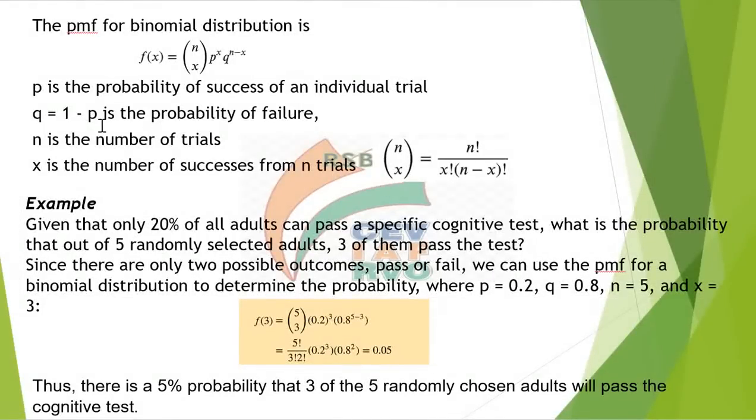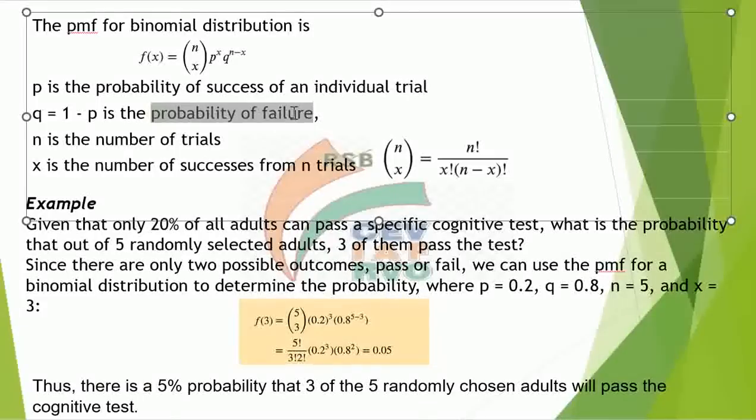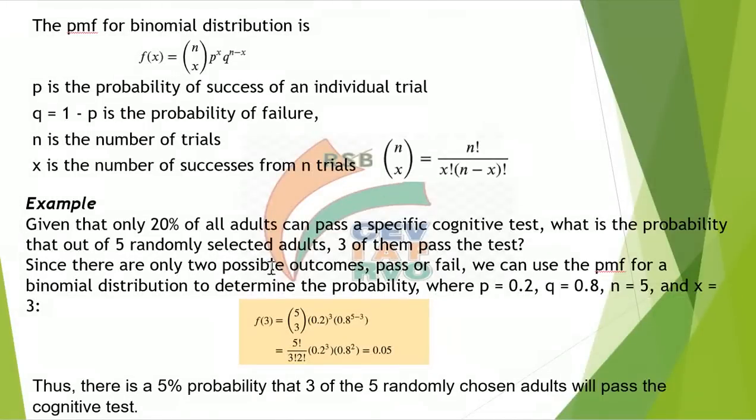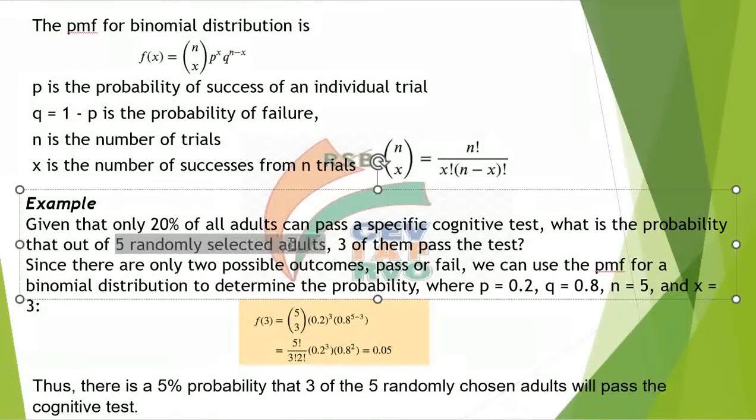Q is the probability of failure, equal to 1 minus probability of success, so 1 minus 0.2, q is 0.8. How many persons have you selected? Five randomly selected adults, so n is 5.